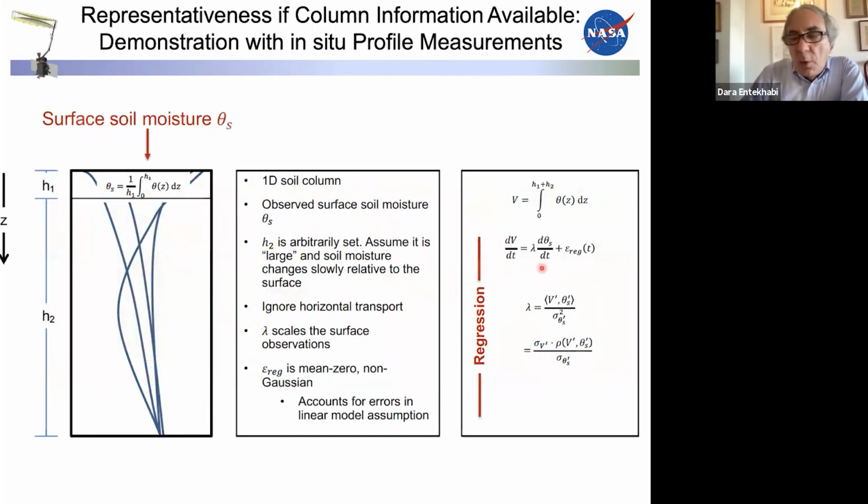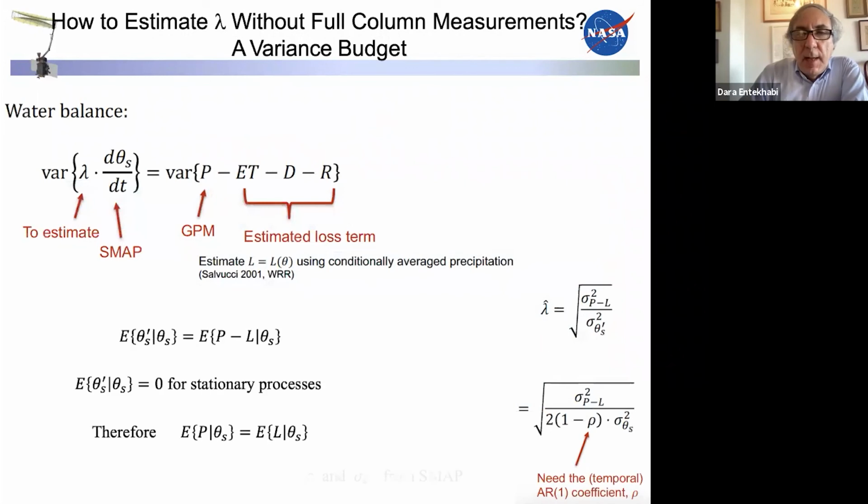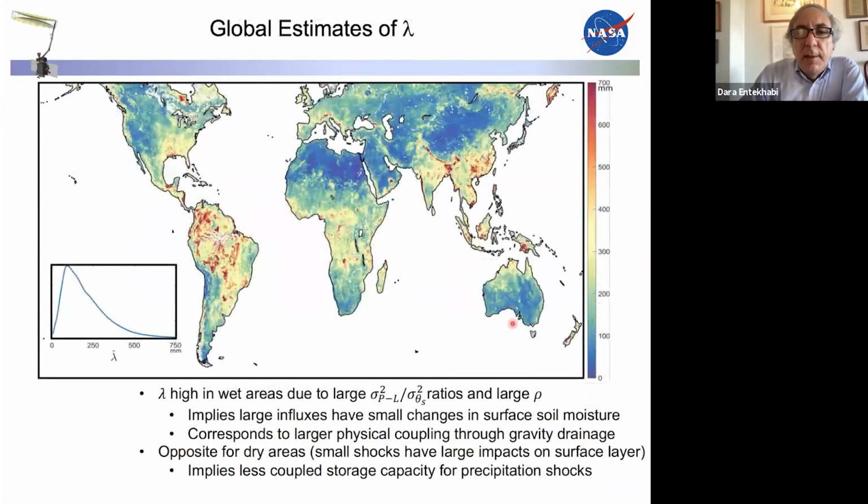We did a couple of studies on these 2 different methods. This is based purely on observations at these locations. If I only look at the 2 centimeters, actually it represents a lot more than 2 centimeters in the observed. And here's an example of what we estimate to be the depth of characterization with the SMAP measurements. It is a lot more than 50 millimeters.